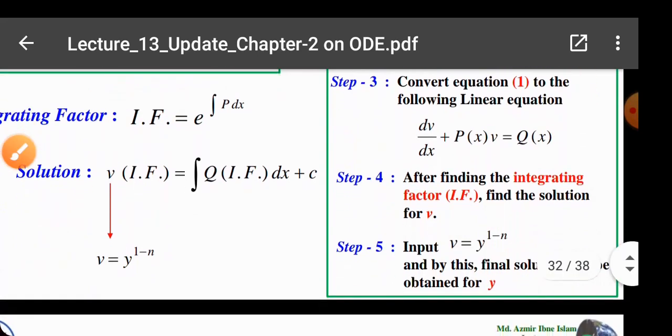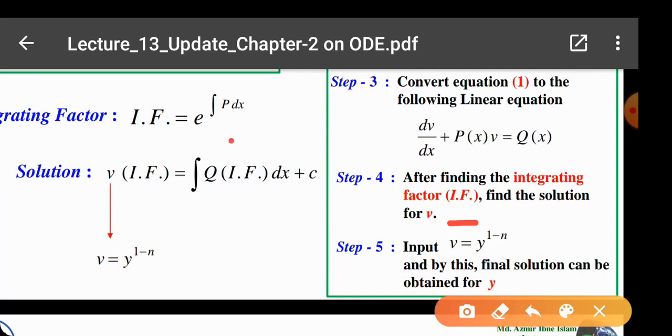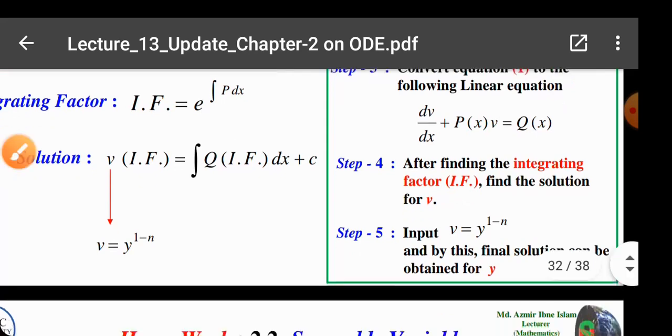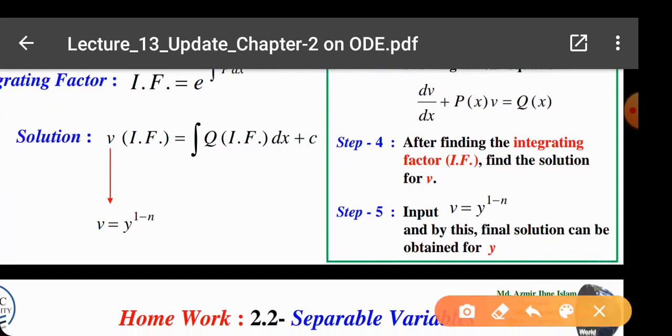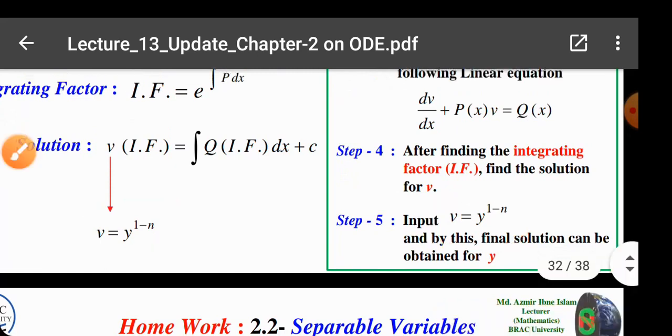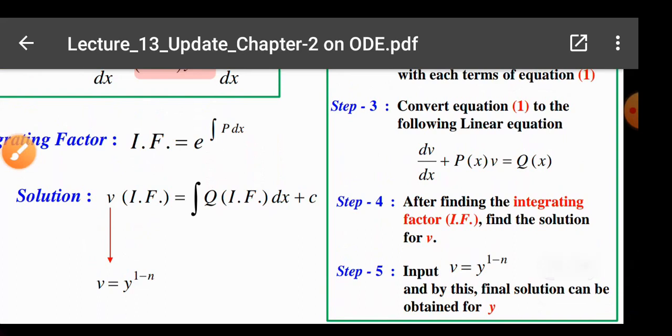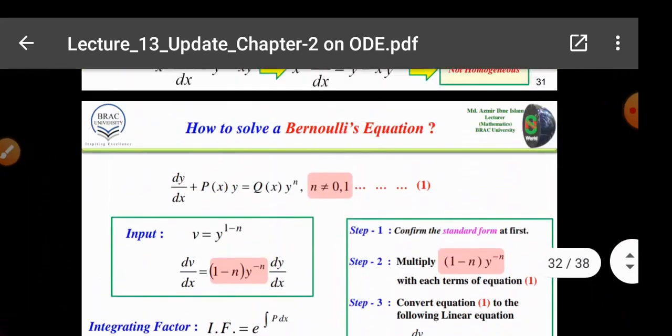Then after finding the integrating factor in this way, you will get the solution for v, and finally we need to replace v as y to the power 1 minus n again. You will get the final solution. So this is how we can solve a Bernoulli equation.